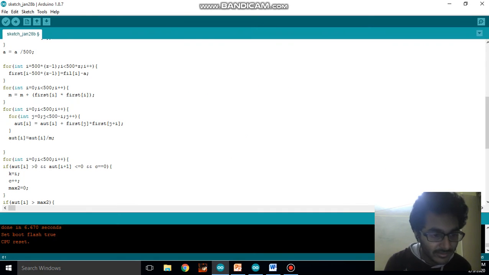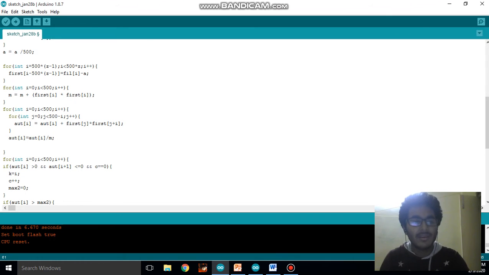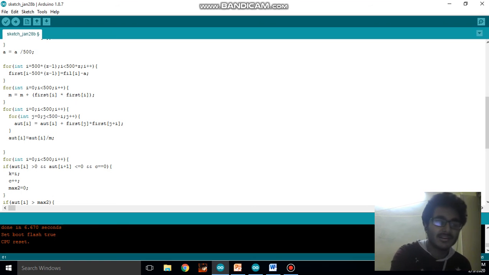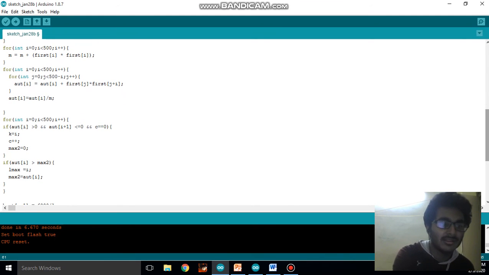For that, initially we found the first zero crossing point: we took the autocorrelation function signal and checked where it is greater than 0 and less than 0, so we get the zero crossing point. We used C++ and set c equal to 0 so that it comes out of the loop.